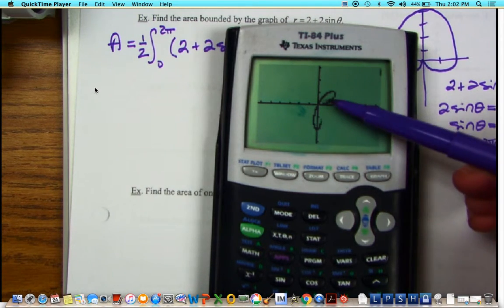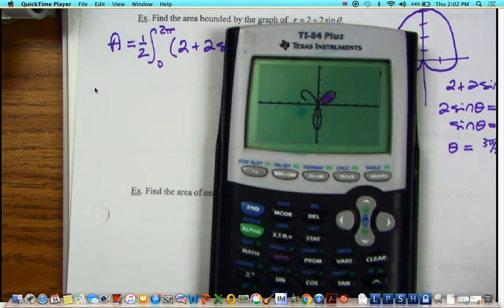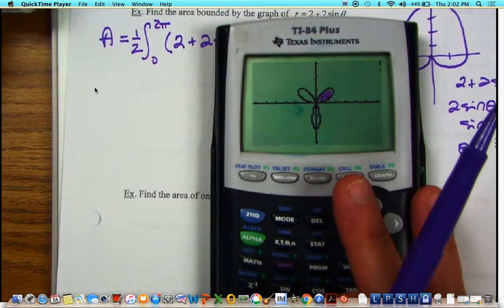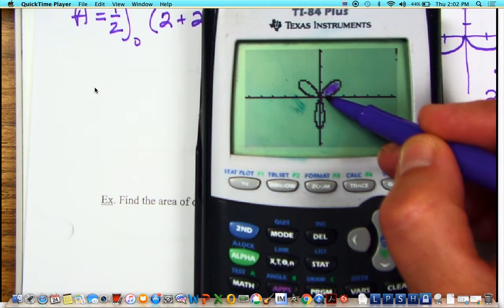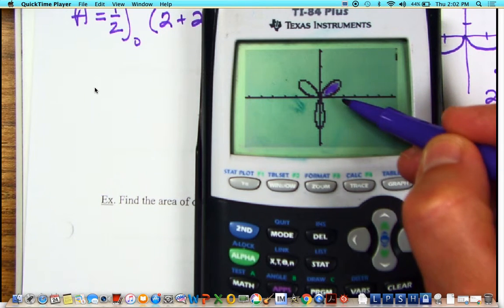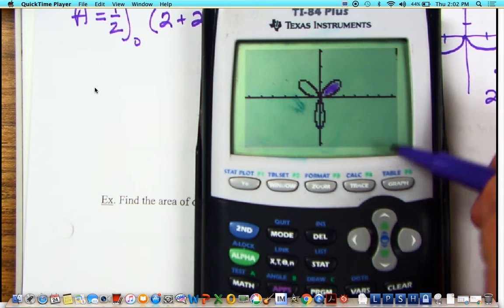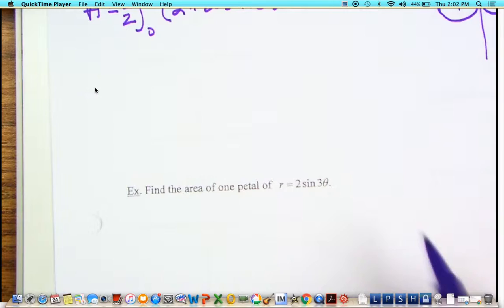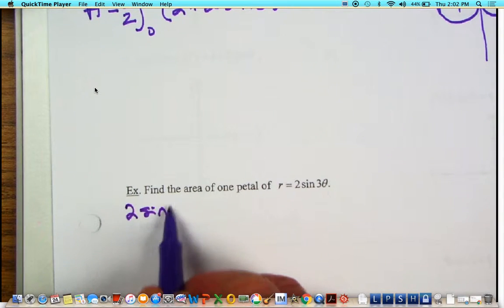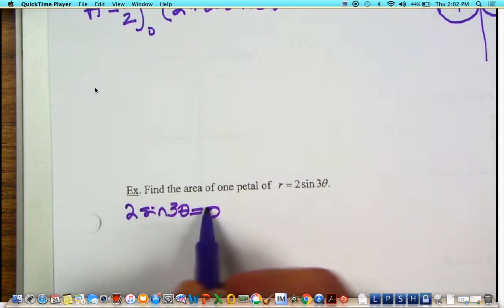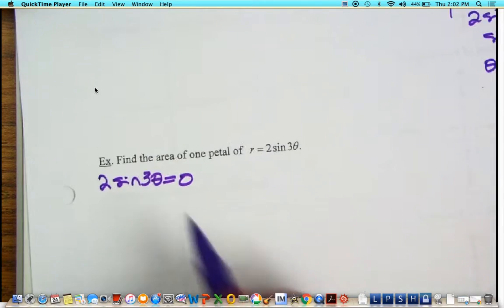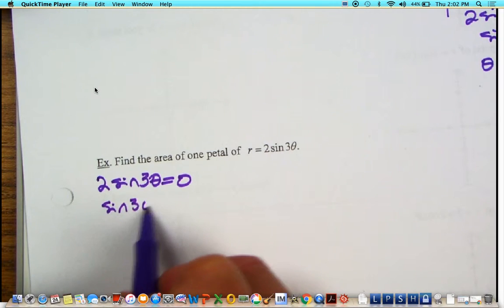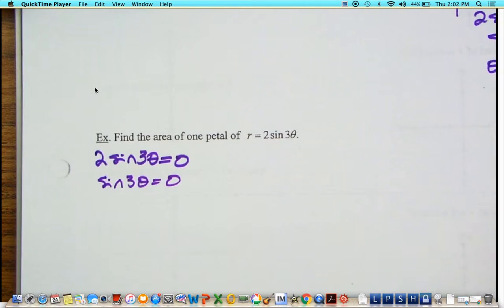To figure out the area of that first petal, I need to figure out alpha and beta, which are going to be the first place it's at the pole and the next place it's at the pole. So I want to set 2 sine 3 theta equal to 0. So sine 3 theta equals 0.